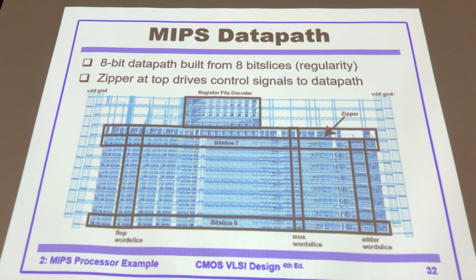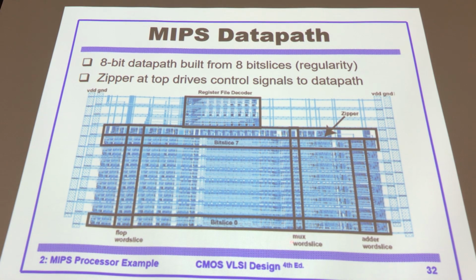Here is an 8-bit data path built from 8-bit slices. In reality, you only design one slice, one bit slice, and then you replicate bit slice 0, 1, 2, 3, 4, 5, 6, 7, totaling 8 bits. One bit slice is a 1-bit data path, including flip-flop, multiplexer, adder, and so forth.